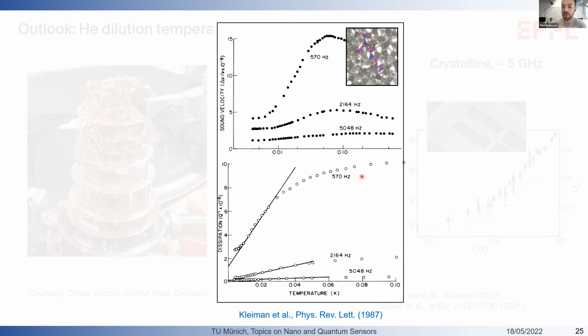Nevertheless, two-level systems are known to often set the dissipation properties of crystalline materials also, as was reported, for example, in single crystalline silicon measured at millikelvin temperatures in the 80s. But nonetheless, the effect of two-level systems should be much weaker for crystalline materials because of the lower densities that one would have, for example, at grain boundaries or interfaces of the crystals.